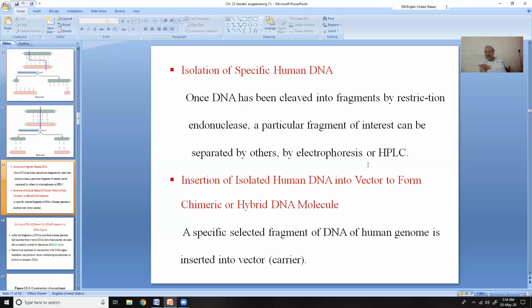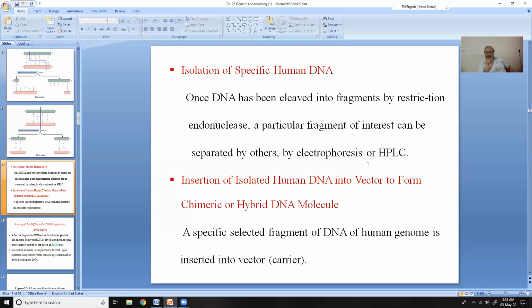So you can say that part of Southern blotting is coming here, because we are isolating a particular fragment of interest. A fragment of interest means a node or sequence of nucleotides that can be separated from others by electrophoresis or high performance liquid chromatography.